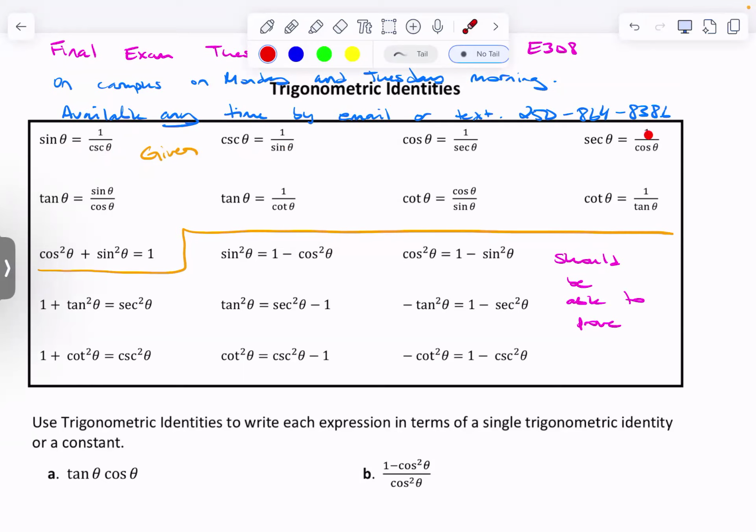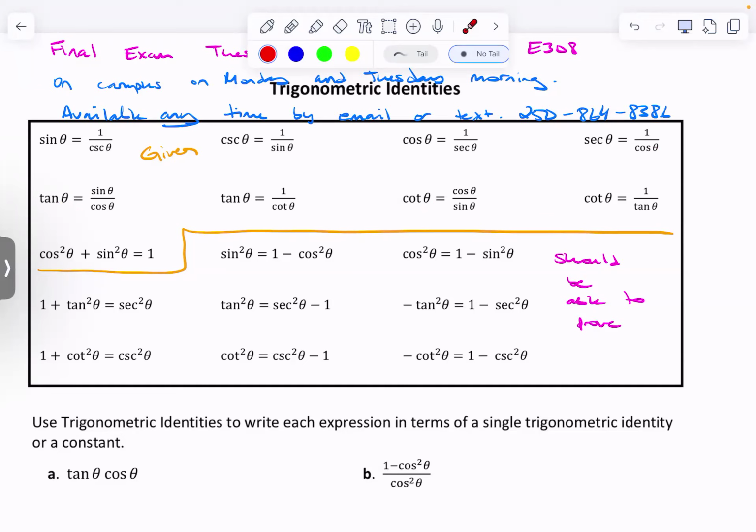The secant of theta is 1 over cos of theta. A go-to one that we use is the tan of theta is the sine of theta over the cos of theta, right? That's kind of a heavy hitter. Okay. And also the cotangent of theta is the cos of theta over the sine of theta. Those are the common ones.